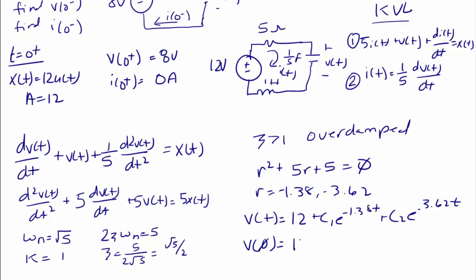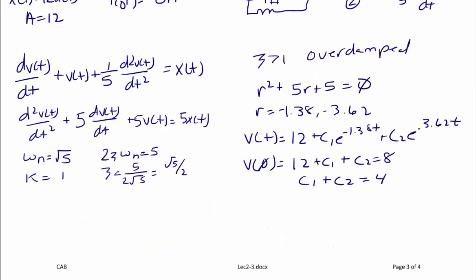V of 0 is 12 plus C1 plus C2 is equal to 8. So that equation simplifies to C1 plus C2 equals 4. Next, we have to use the initial condition for the current in order to find the second equation in order to solve for C1 and C2.